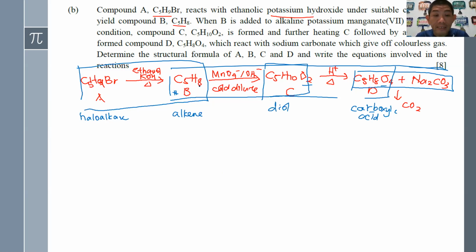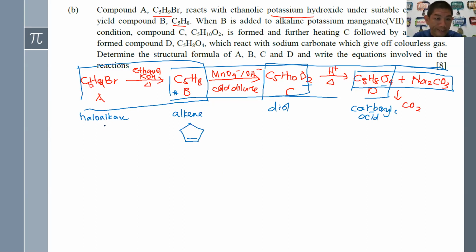But now here it is C5H8. So therefore, this alkene is not a straight chain alkene. Instead, you must know by yourself that this C5H8 is definitely a cyclopentene, nothing else. Once you deduce B, then A and C and D you can naturally know by yourself what the possible answer is.